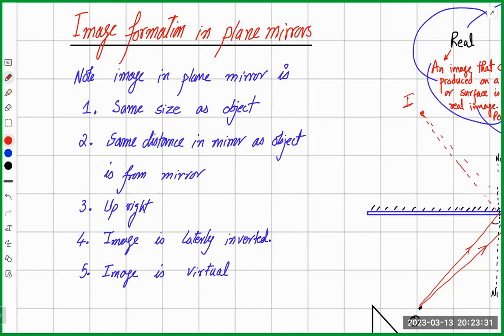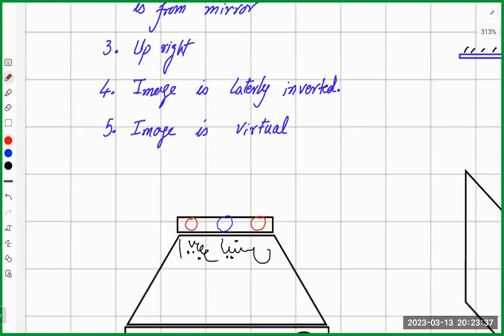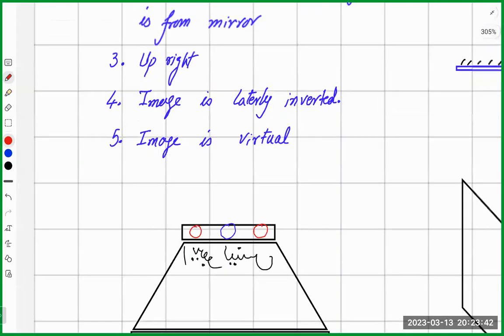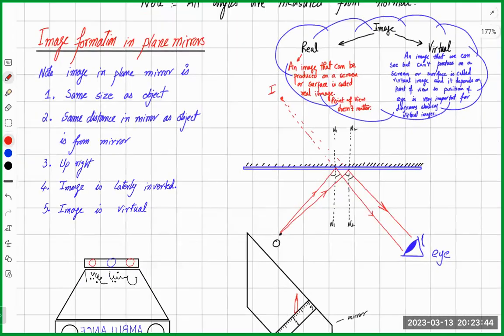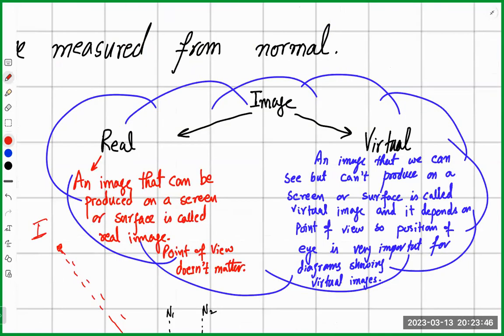The image is virtual. Virtual image means what? This is a term used over here, and this is where it has been explained. An image can be real or virtual. Virtual means an image that we can see but cannot produce on a screen.